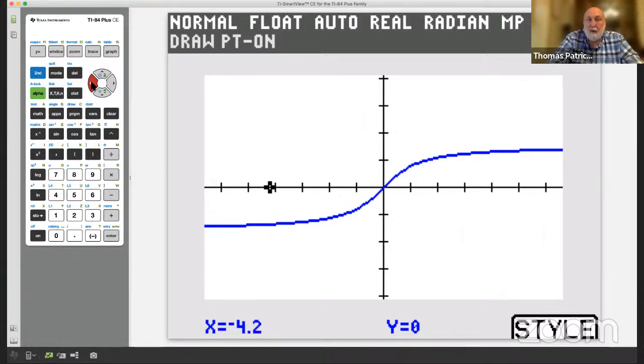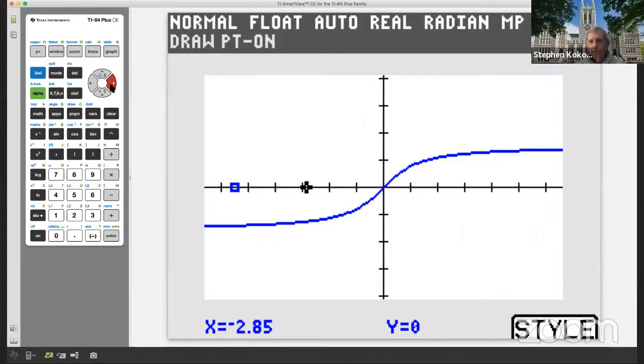So I'm going to go over to this part of the graph, and I'm looking down here and seeing, wow, this is really flat. It's almost horizontal. So the slope is pretty close to 0 here. So let me plot a y value of 0 here. I'll hit enter, and it should leave a point right on the axis there.